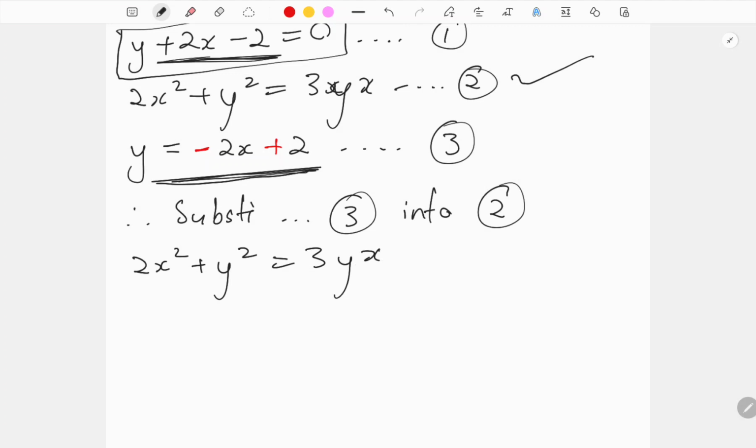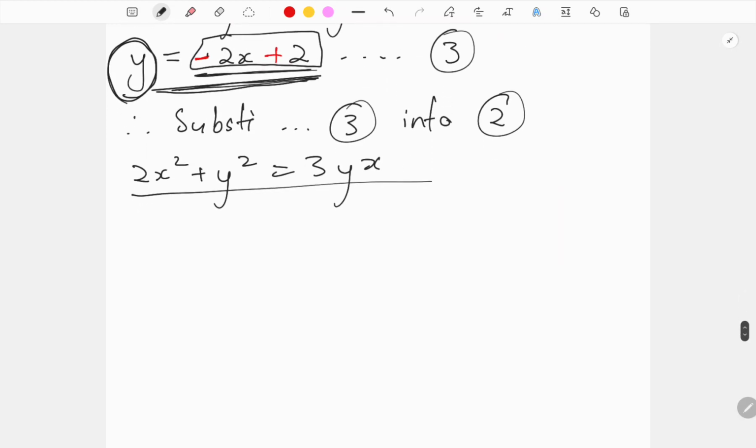Whenever you see y, you substitute the whole formula into it. Because we are saying y equals minus 2x plus 2. Whenever you see y here, you substitute minus 2x plus 2.